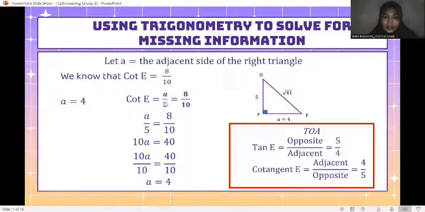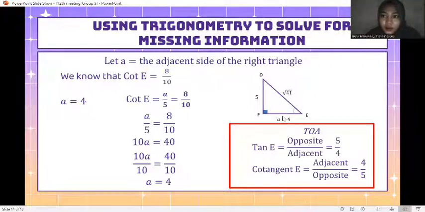So A divided by 5 equals 8 divided by 10. We can cross multiply: 10A equals 40. Then we divide both sides by 10, so A equals 4.